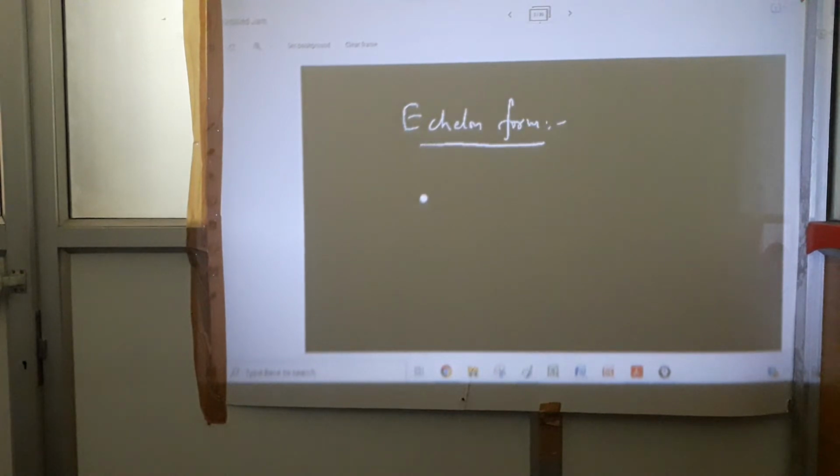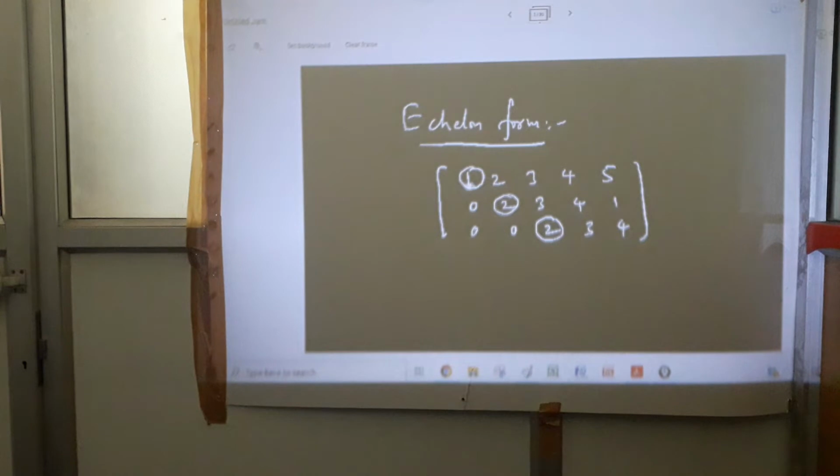When do you say a matrix is in echelon form? That condition is if you write a matrix like this, for example, 0, 2, 3, 4, 1, 0, 0, 2, 3, 4. In this case, this is the first non-zero element. This is the first non-zero element. This is the first non-zero element. The number of zeros before the first non-zero element is counted.